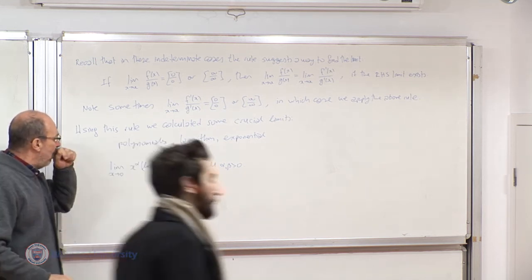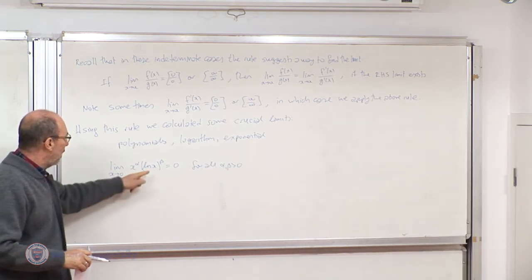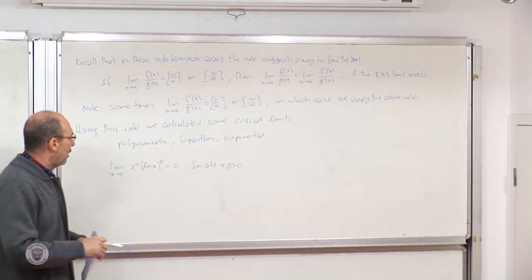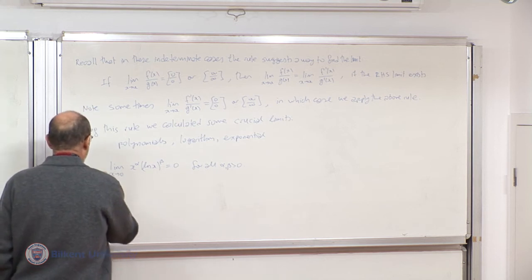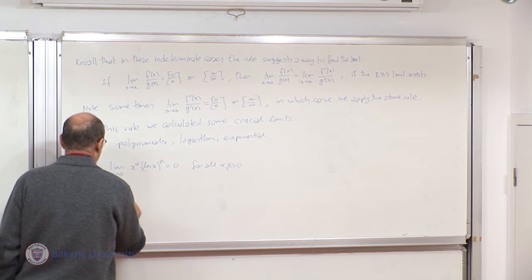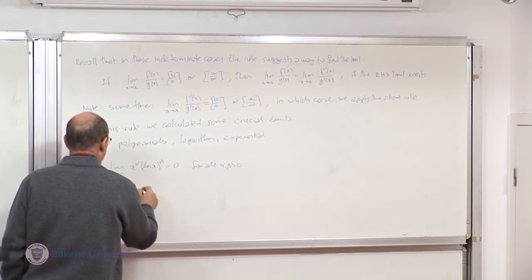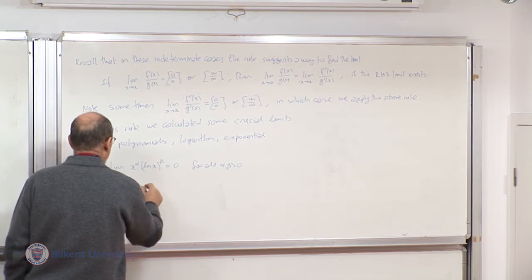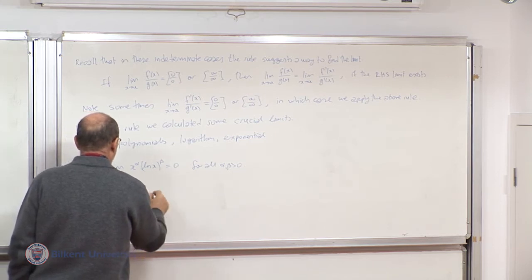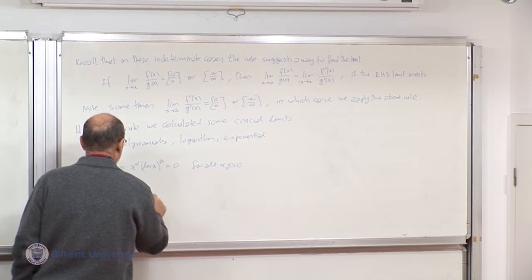Okay, and polynomials always win. And we also have limit x goes to infinity of e to the x over x to the n.